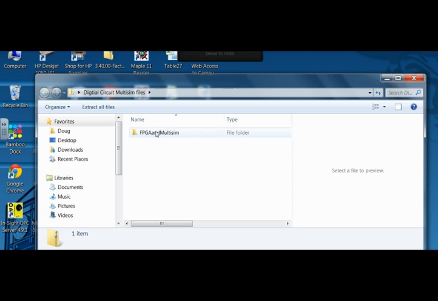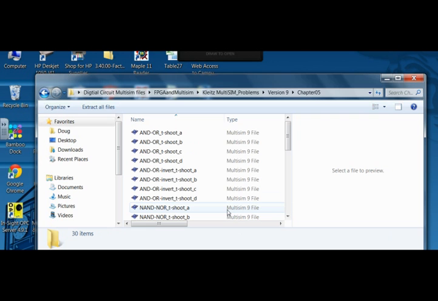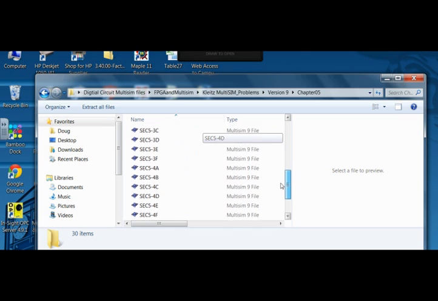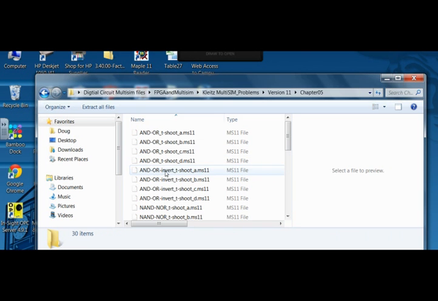I went too fast. Multisim problems, version 11, chapter 5. Okay, so we want 5.1. Why can't I have 5.1? Examples, problems. Chapter 5.